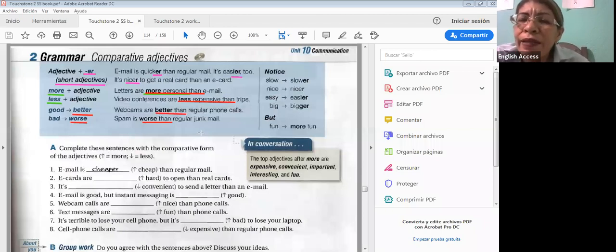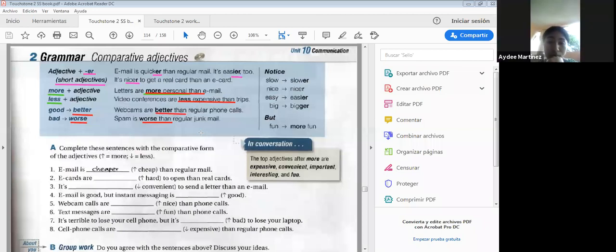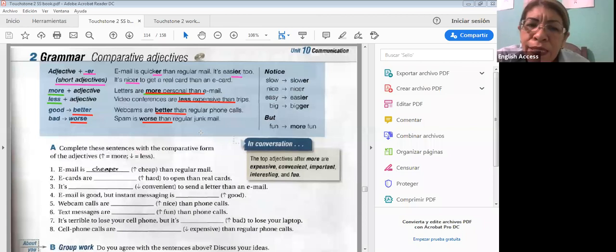Slow, slower, nice, nicer, easy, easier, big, bigger are short adjectives. Another exception, fun. Even when it's a short adjective, we say more fun.